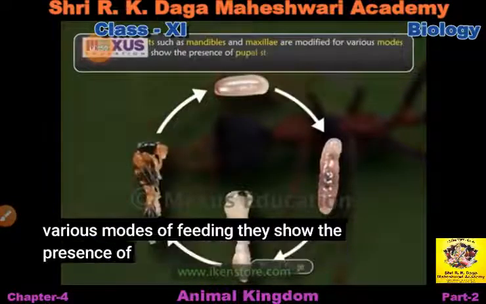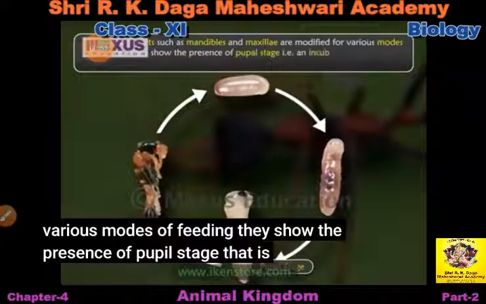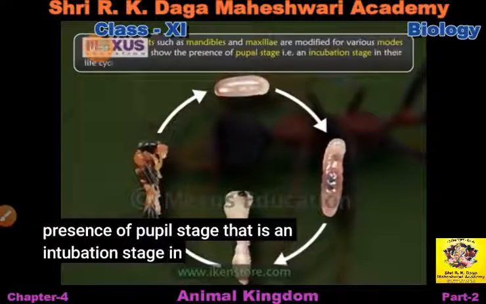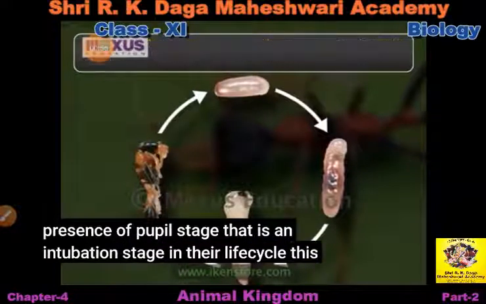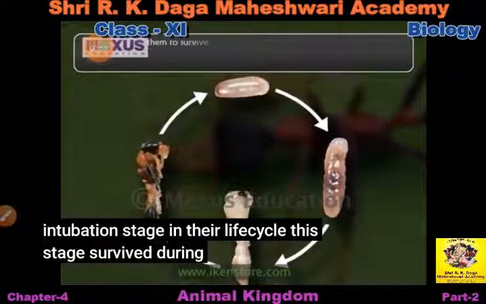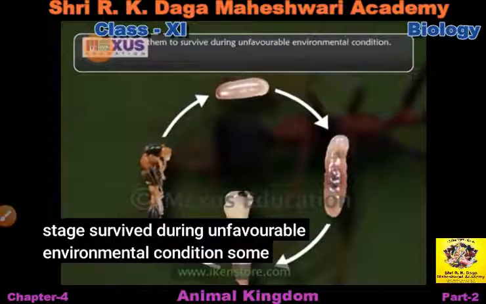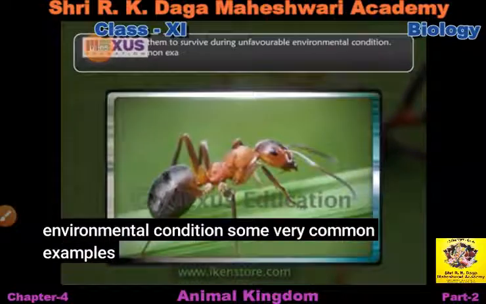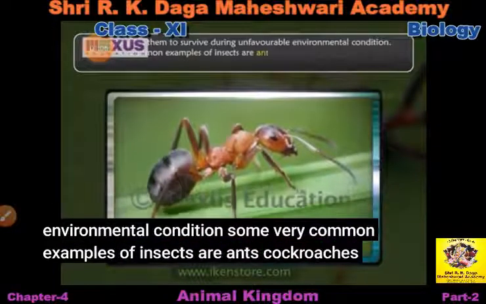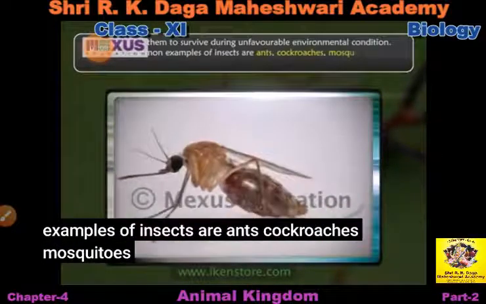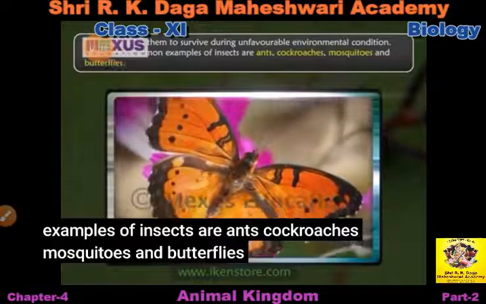They show the presence of a pupal stage, that is, an incubation stage in their life cycle. This stage survives during unfavorable environmental conditions. Some very common examples of insects are ants, cockroaches, mosquitoes, and butterflies.